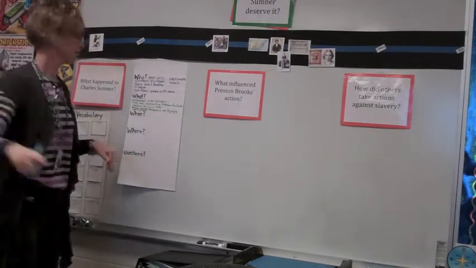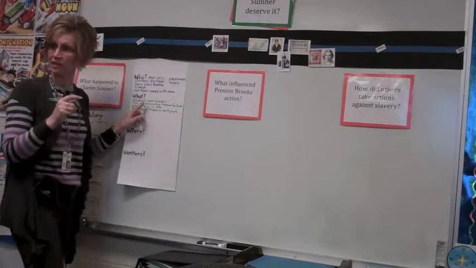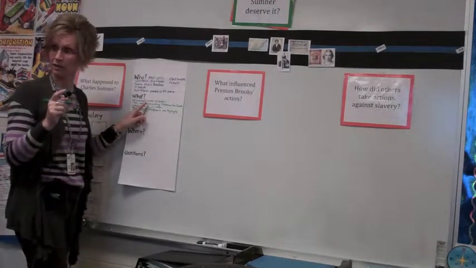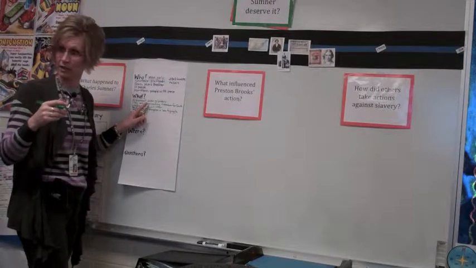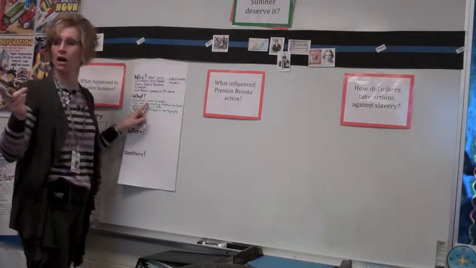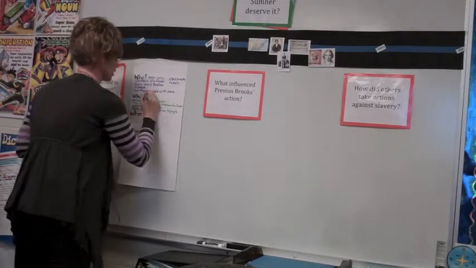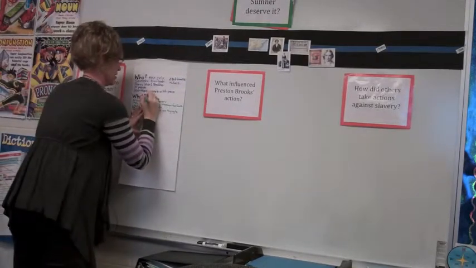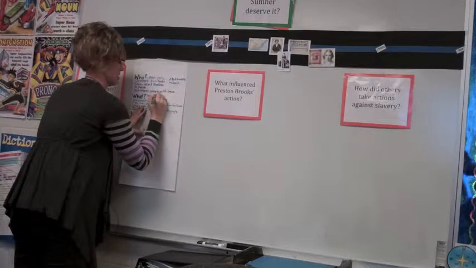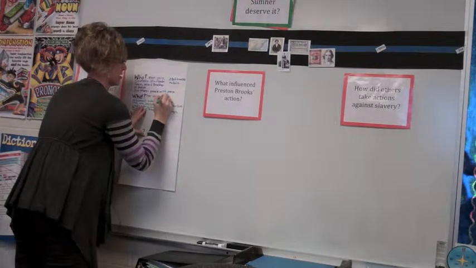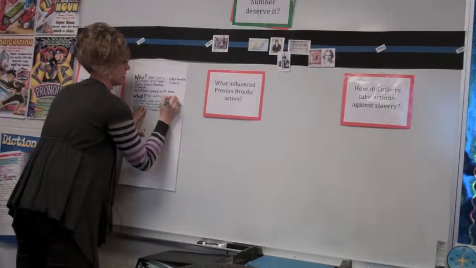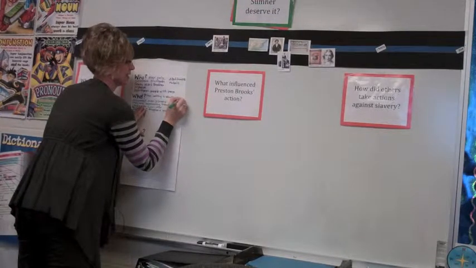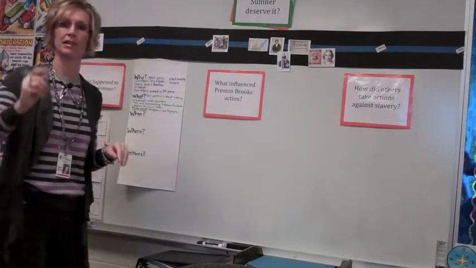Toby? Voting. So you think what's happening is that they're arguing over voting? Or what about voting? I think they're writing, so they're voting for something. Okay, so the writing that they're doing is about voting. Anybody else have one that they think is what's happening in that image? Allie?